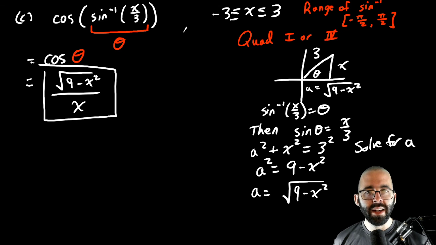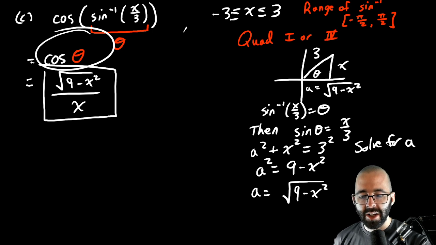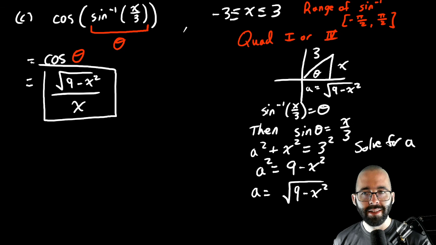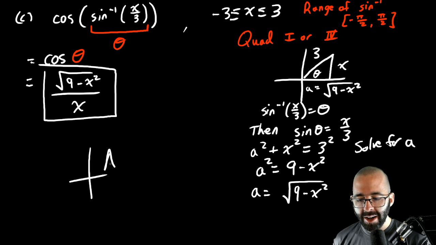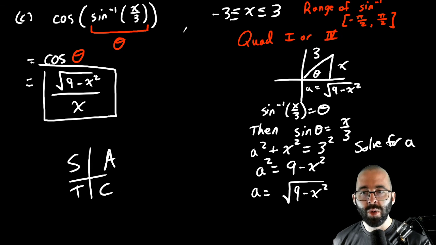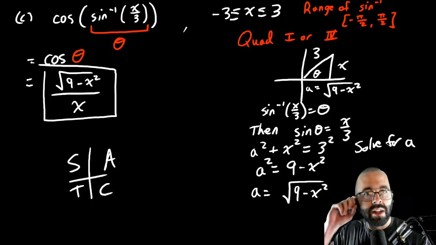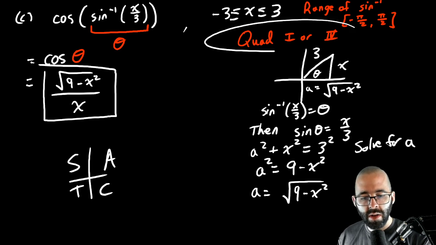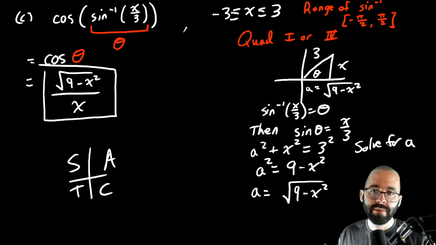So when I said, why does it not matter whether it's in quadrant 1 or quadrant 4? Here's why. Because we're looking at cosine. I don't care whether we're in quadrant 1 or quadrant 4 for cosine. It's going to be positive anyway. So that's why it didn't matter which one it actually was.